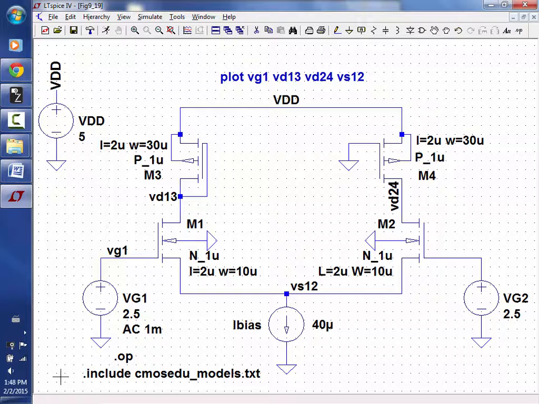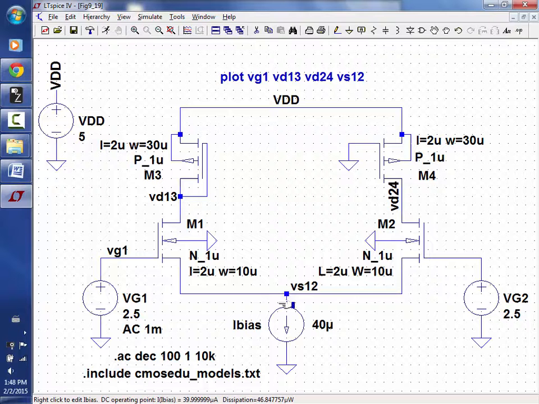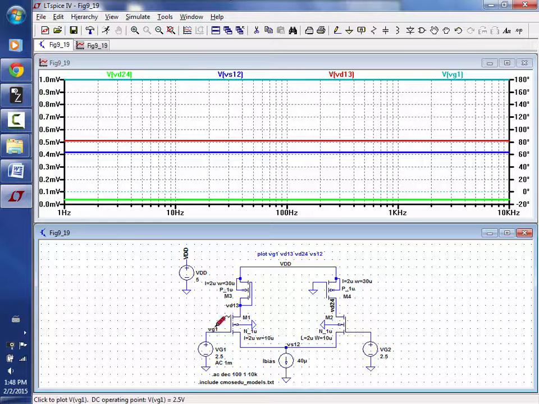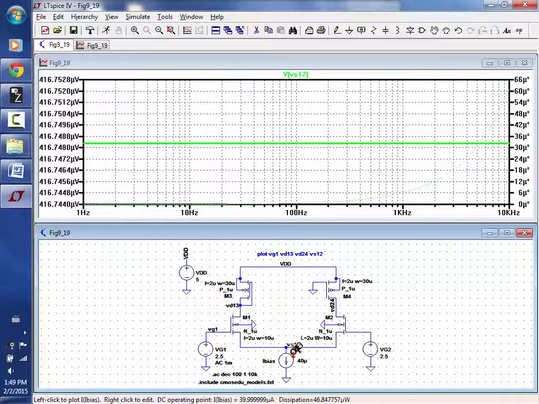So let's look at the AC now. Okay, so what did we calculate the AC voltage to be? Let's run it and see. Boom. Let's just look at each one. What did I say the voltage here would be? 1 millivolt. The voltage here? Half a millivolt. But now, again, we have the little body effect that changes things, so it'll be off a little bit.